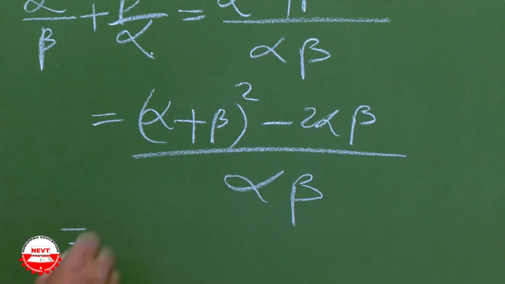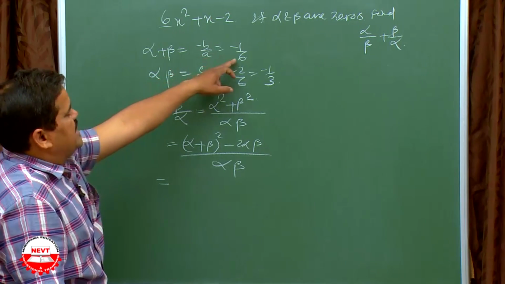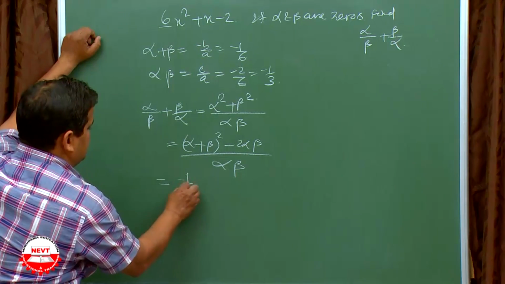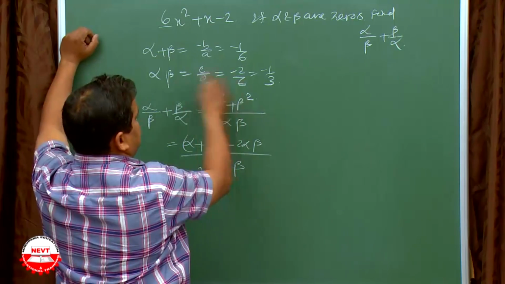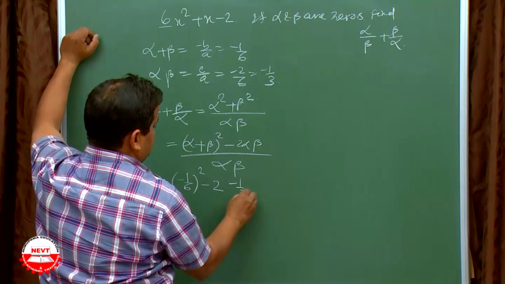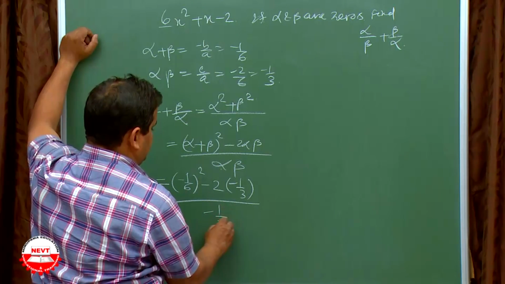Now substitute the values, get the answer. What is alpha plus beta? Here minus 1 by 6, minus 1 by 6 whole square, minus 2 into what is alpha beta? Minus 1 by 3, divided by alpha beta, which is minus 1 by 3.